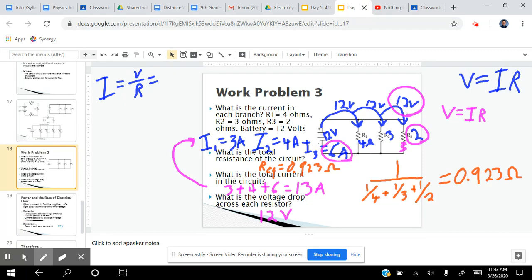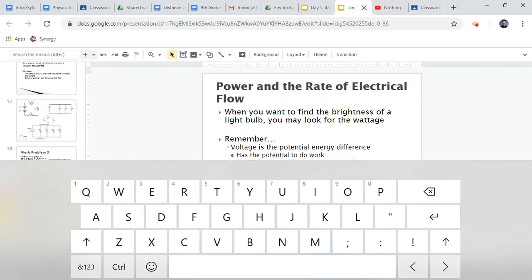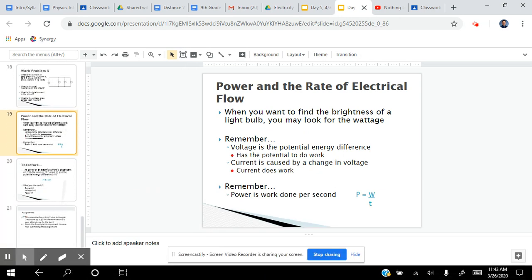Okay. So the last thing we're going to talk about here, and I'll try to wrap up quickly because I know this is going on a little long, is power. All right. So power is something that we talked about when we were talking about mechanical power, and we said that mechanical power was work divided by time, or the amount of work done per second.